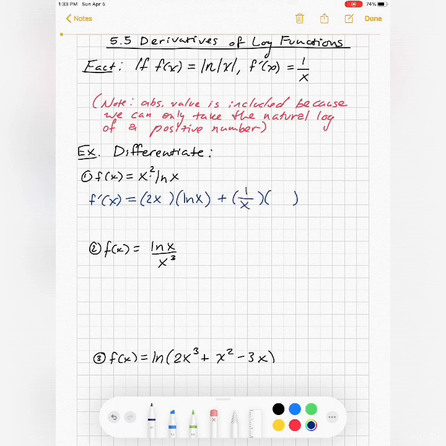Now we're assuming that the ln of x is defined here. And then times the first. So pretty easy. Let me just see if I can simplify it. I guess it would look like that. So I could leave it like that, or I could factor the x out as a GCF. Either way.